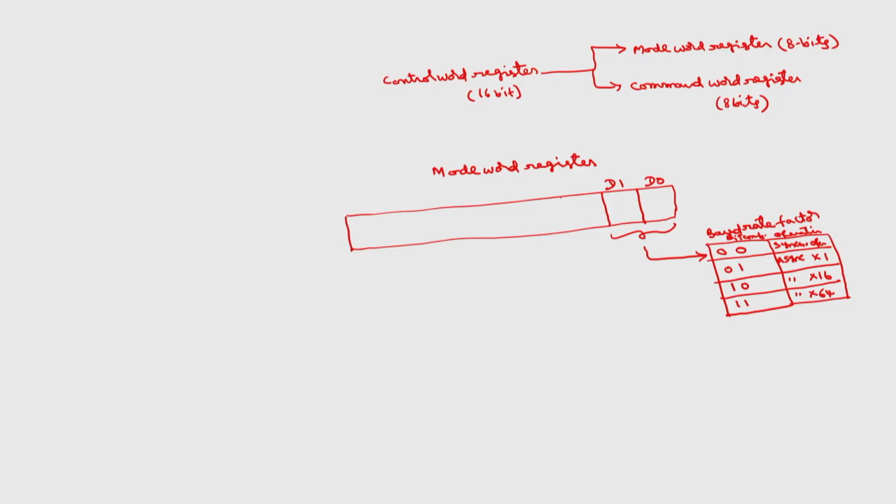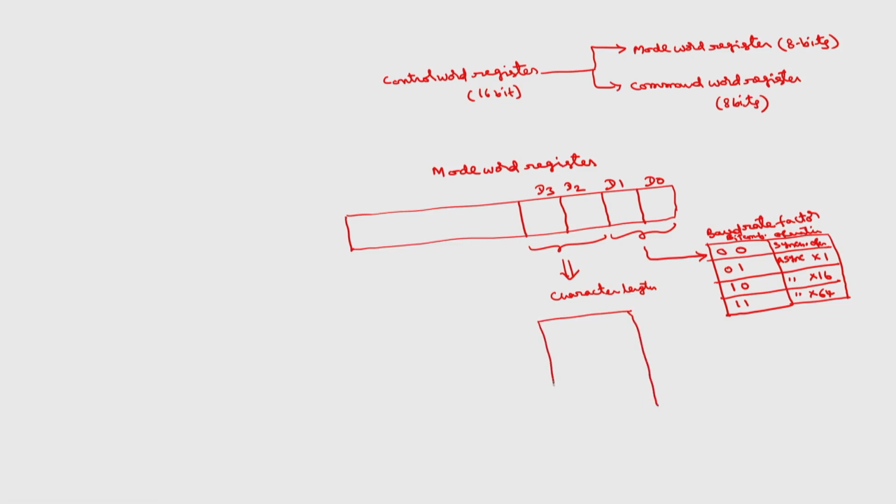The next 2 bits are the character length. D2 D3 will decide the character length. In case of ASCII, the character length is 8. Even though it is a 7 bit code, we are going to use 8 bits.